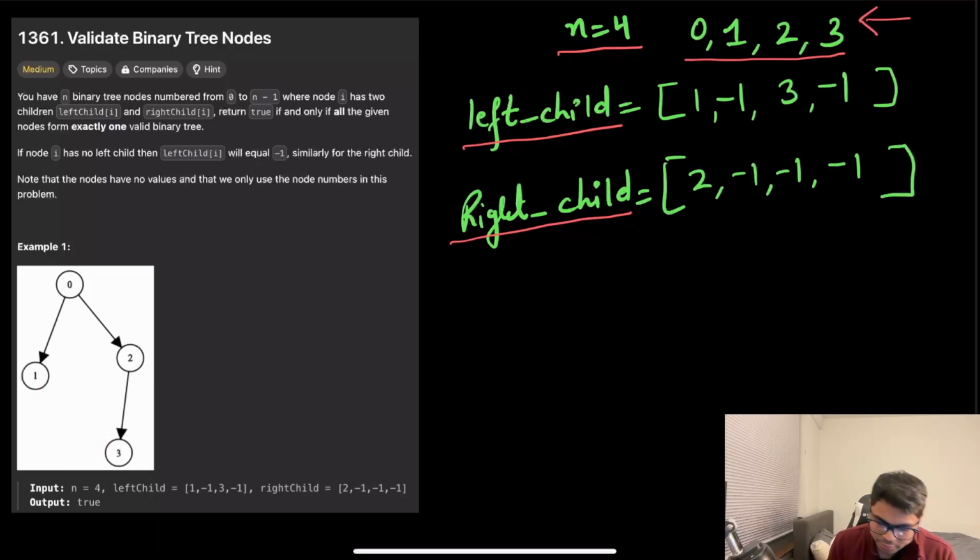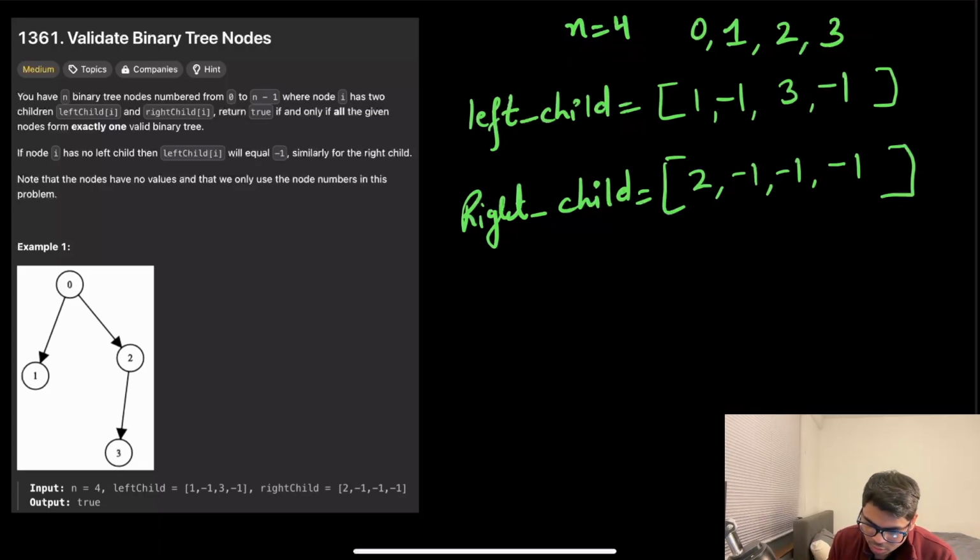Now, let's get into the approach, how we're going to solve this problem. I've taken the first example. Let's create the tree by ourselves using this information, so that we understand the problem better.